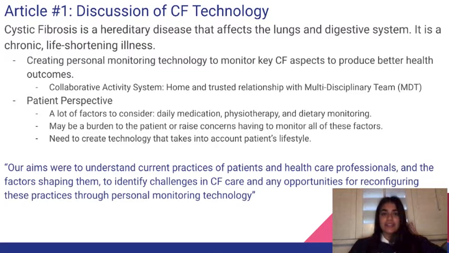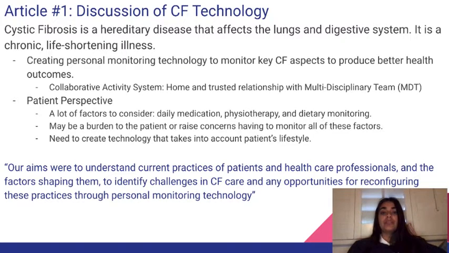The article states, "Our aims were to understand current practices of patients and healthcare professionals and the factors shaping them, to identify challenges in CF care and any opportunities for reconfiguring these practices through personal monitoring technology." Cystic fibrosis is a chronic, life-shortening hereditary lung disease that requires individuals to continuously monitor their daily medication, physiotherapy, and diet.